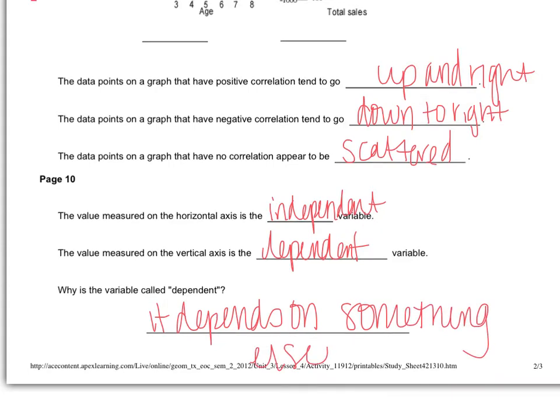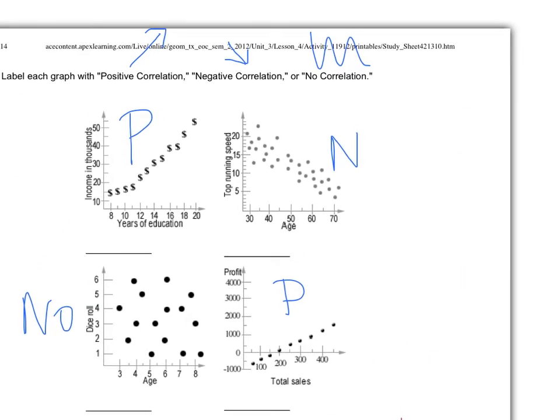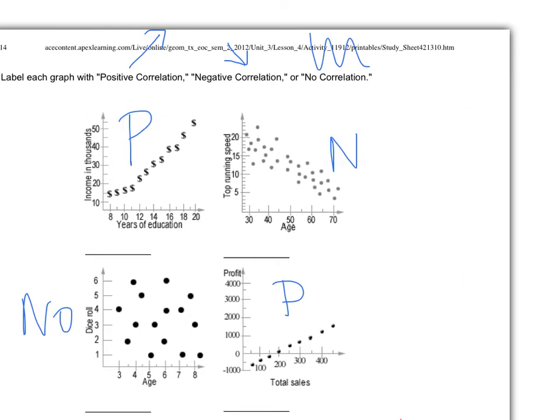So looking back at this graph up here about the top running speeds and age, what that's saying is that this is the independent axis, and this one, the top running speed, is the dependent axis. That means that the top running speed depends on your age, which makes complete logical sense.